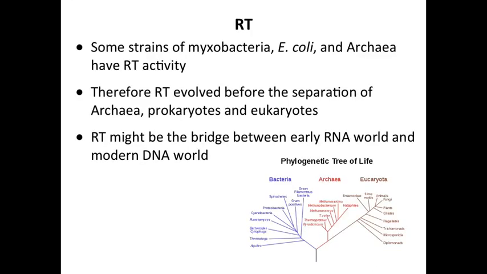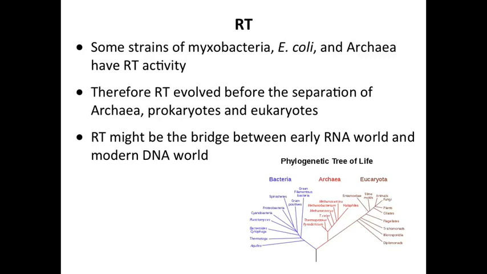Now, reverse transcriptase is quite an old enzyme. Once it was found in retroviruses and tumor viruses, then people started looking for it elsewhere to try and figure out where it had come from. So it turns out that there are some bacteria and archaea that have reverse transcriptase activity.